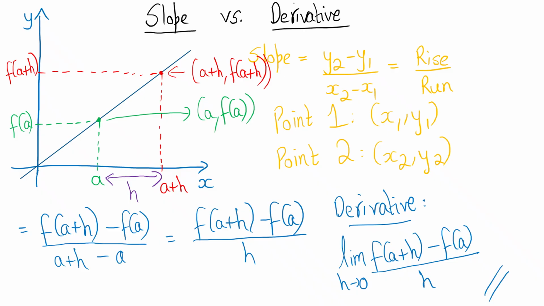But the calculus definition of the derivative is exactly what we've derived here, which is the limit as h goes to 0 of f of a plus h minus f of a, divided by h. And this definition comes directly from the green point and red point explanation here.